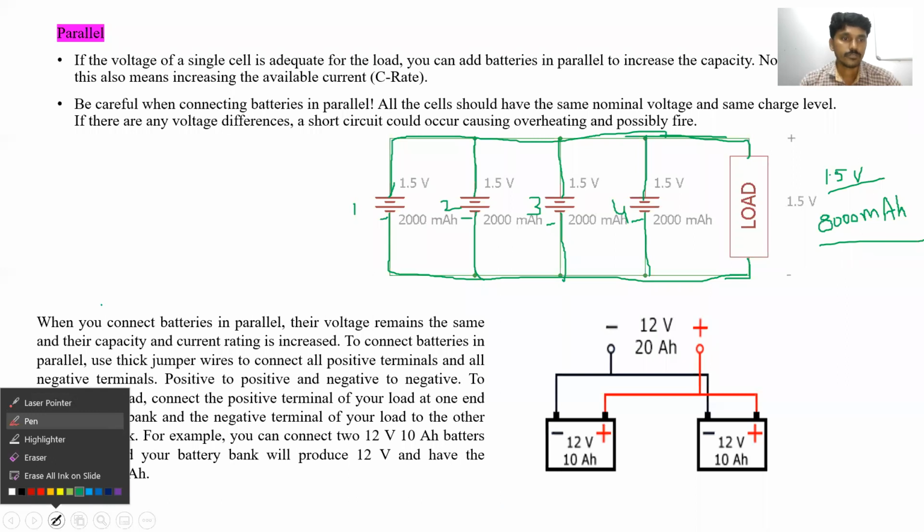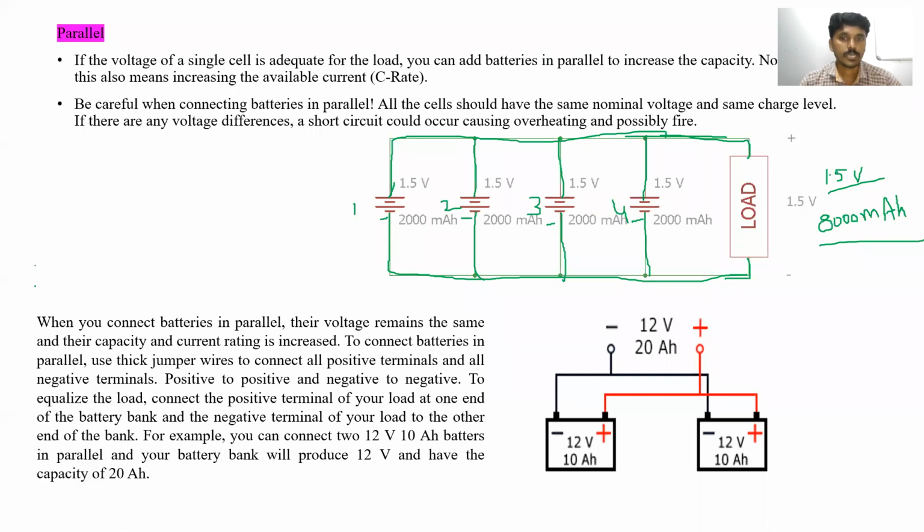Okay, so if you want to connect batteries in parallel, how can we connect? For example, this is the first battery, this is the second battery, this is the third battery, and this is the fourth battery.